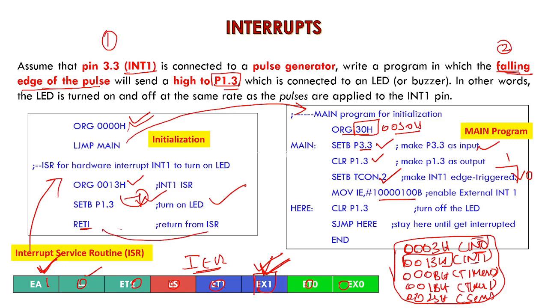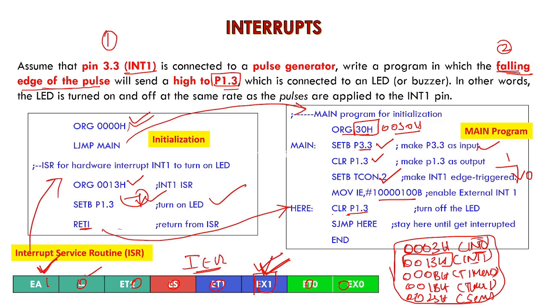See, it will go to this main program. So here you can see clear 1.3. This instruction is very important. The logic here is that we want to ensure that the LED is off when it is not handling the interrupt. So that's why I'm clearing this pin 1.3.